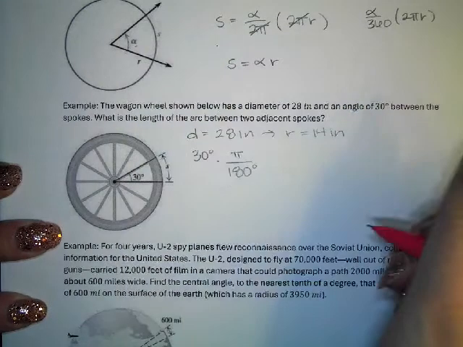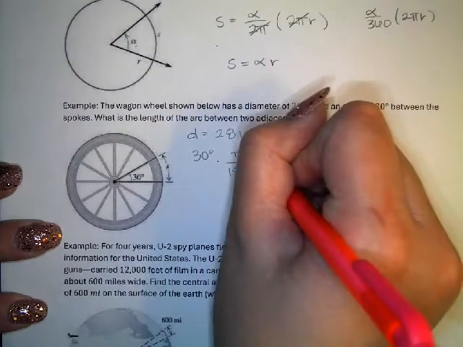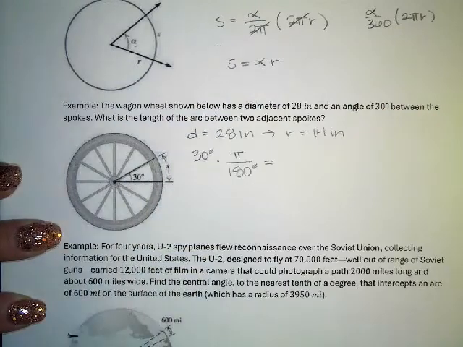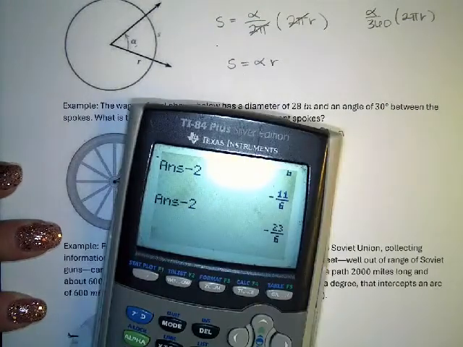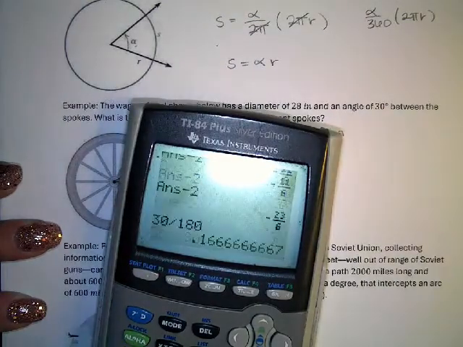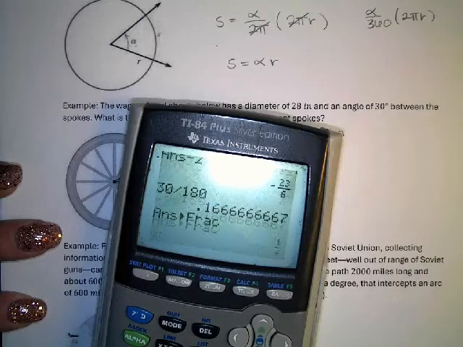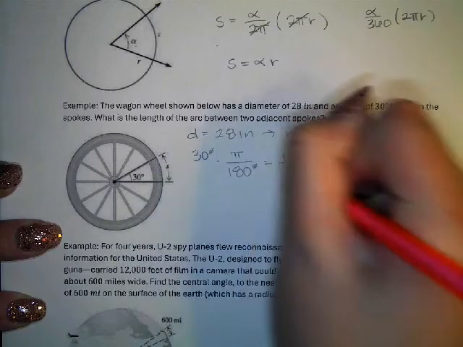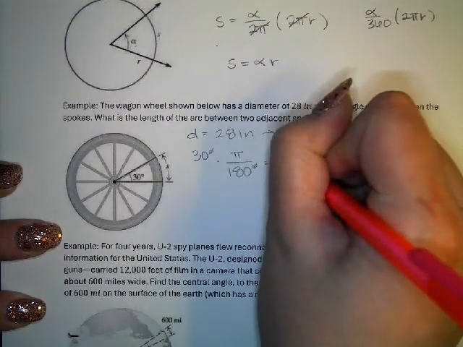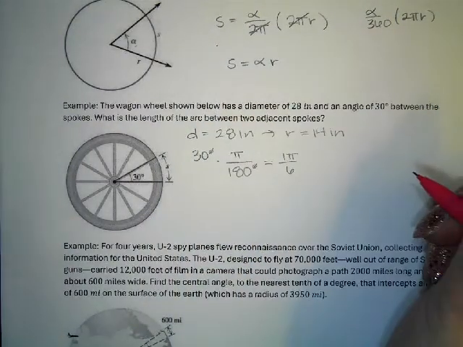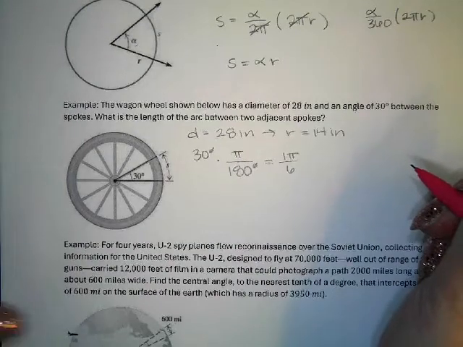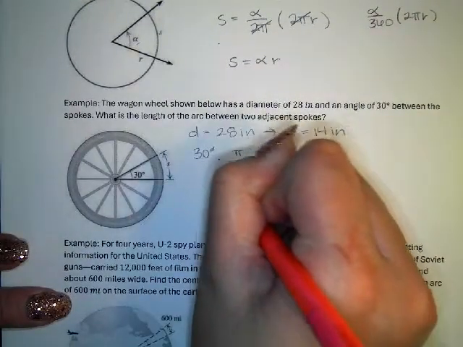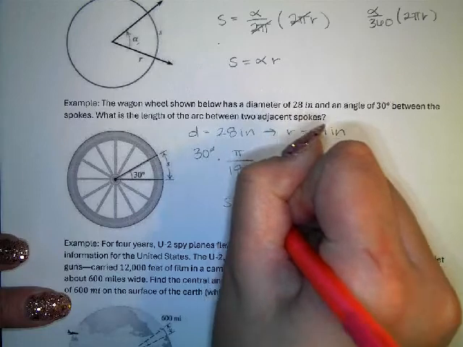So 30 divided by 180 is 1/6. So this is 1/6 with a pi on top, 1 pi over 6, or you could just say pi over 6. And now we're going to say that the arc length is the angle measurement pi over 6 multiplied by the radius.